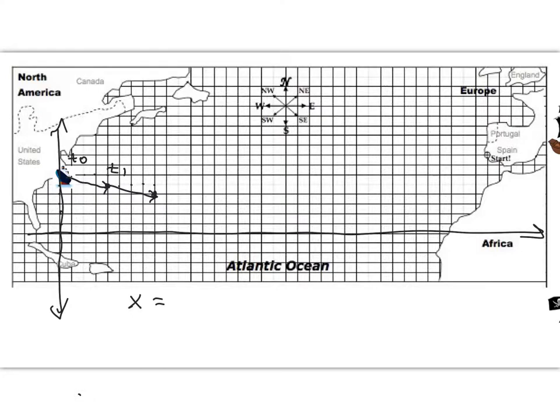At any moment, I could say that x is equal to 600 plus, I'm sorry, that was the y value. It's getting late. x is equal to 200 plus 400t. And y is equal to 600 minus 100t at any time.